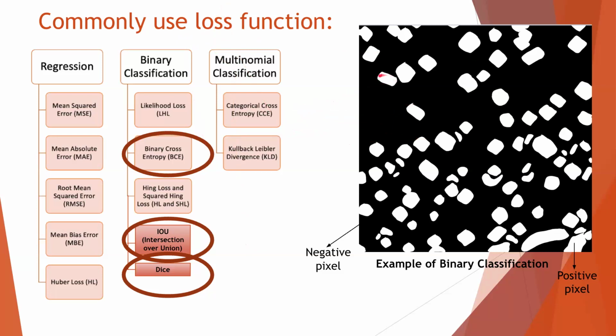Some people will start counting the objects, and some people may start counting the corners. So basically, how do you compare these two images? Finally, the idea is that these two images should match. So for this, we use a variety of loss functions. The most common ones are binary cross entropy, IOU, and Dice.